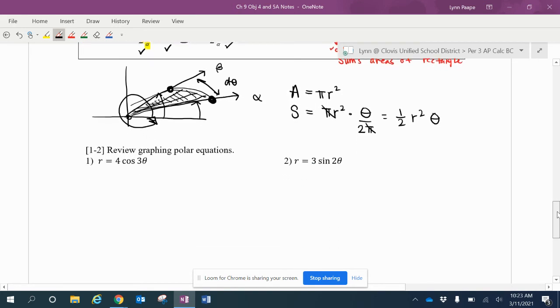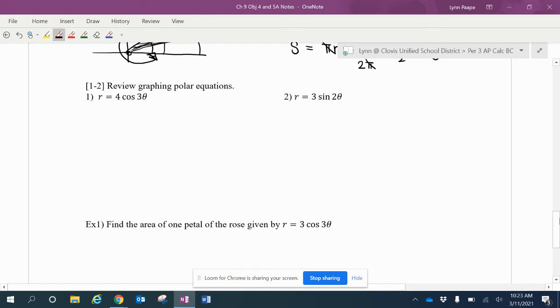Let's redo a couple of reviews of how we graph polar equations. As a quick reminder, in general our function is r equals a sine or cosine of b theta, where a is the length of the petal, and 2b is the number of petals from 0 to 2 pi.